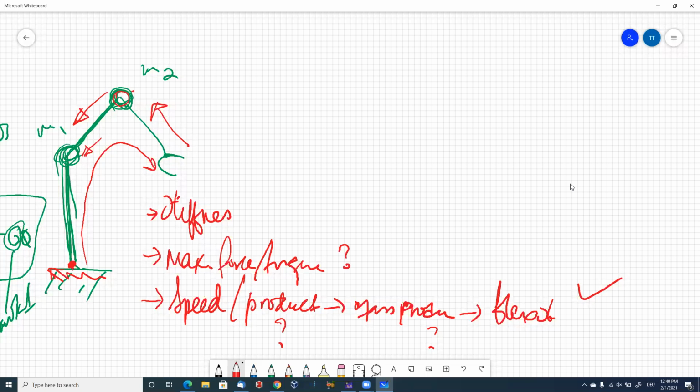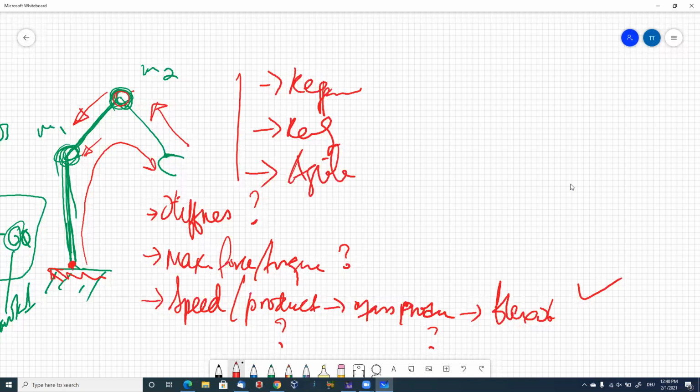The maximum torque and the stiffness are also limited, but they are reprogrammable, reconfigurable, and also agile. You can use it for different tasks today, and then if you don't like it, you can change to another task the other day.